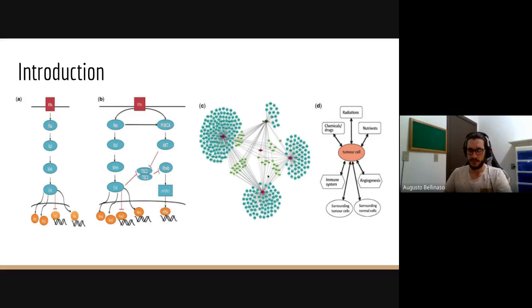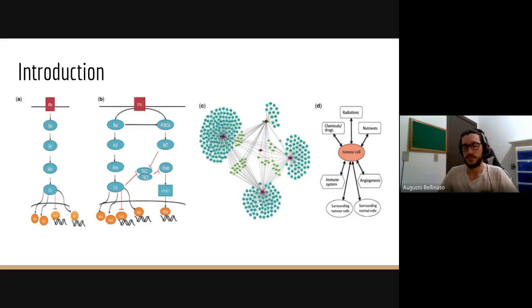And going to a deeper level, we have to consider all the environmental effects of the cell and organism inside the specific tumor cells. So we have a more complex dynamics in the network.